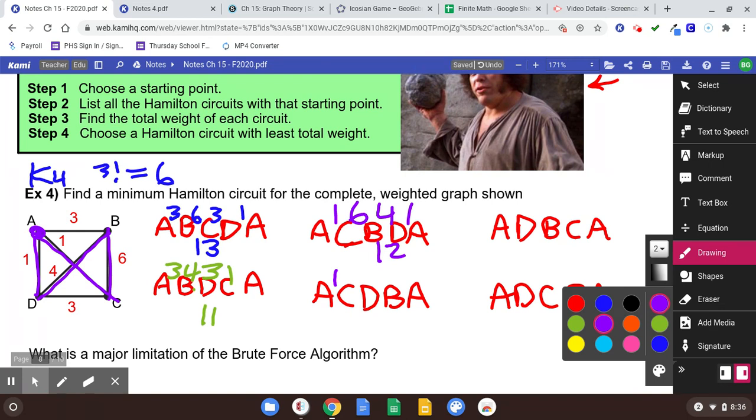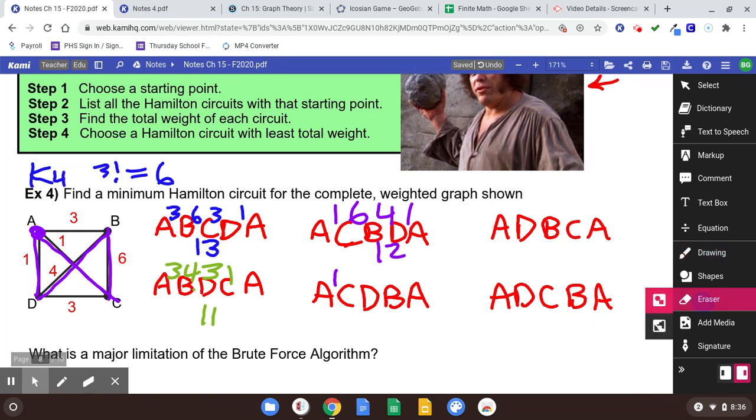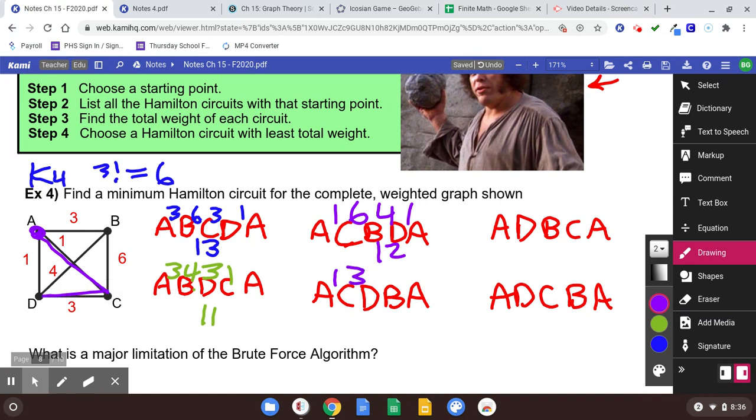But if I went the other way, A to C was 1, C to D was 3, and D to B was 4, and B to A was 3. That's going to be 7, 10, 11. That's 11.